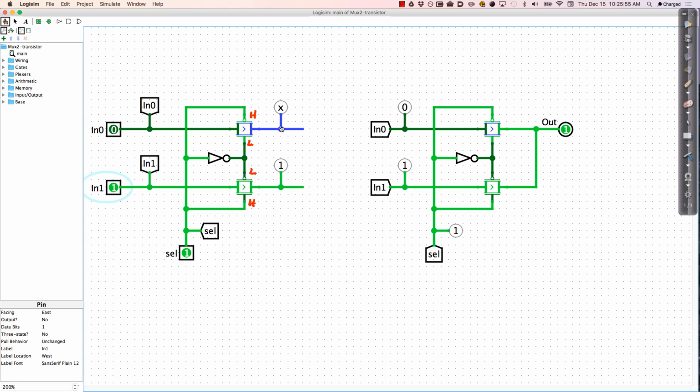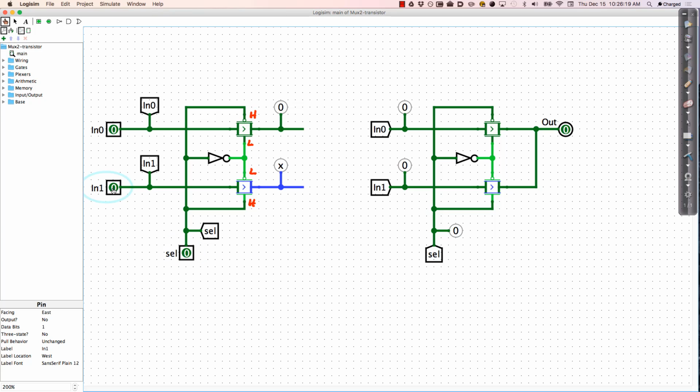Because one of these switches always has a floating output and the other switch has an active output, it's either high or low, I can tie the two together and that makes a multiplexer. So let's see what happens over here. We'll set the select bit to 0 and we'll toggle input 1.